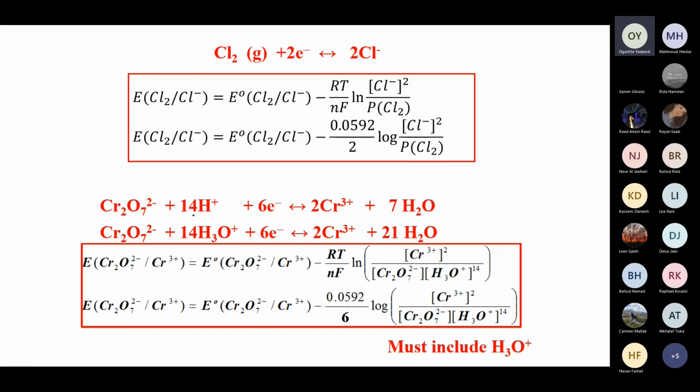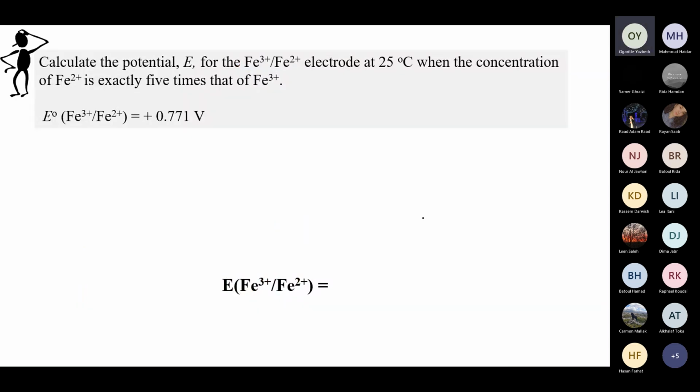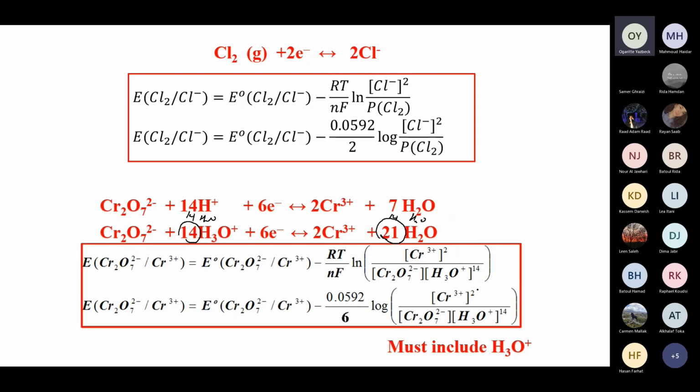Watch out here: sometimes if you see H+ or H3O+, the number stays the same, because I'm adding H2O, 14 plus one, but the water differs. So watch out when balancing equations. If they have H3O+, that means I have to add water to both sides, so the number in front of the water might change. Here it becomes 17 plus 14. The Q doesn't change at all, because this is the same.